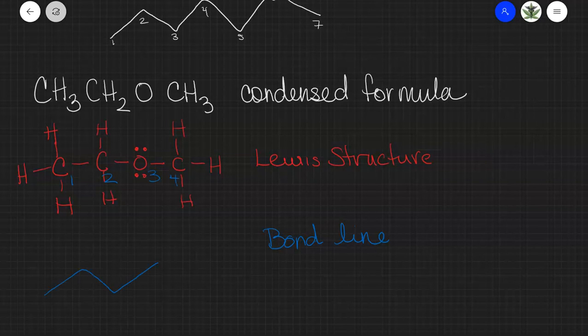So I'm going to do a zigzag with 4, and label it 1, 2, 3, 4. But instead of having a carbon at position 3, I'm going to put in my oxygen atom, and my lone pair of electrons.